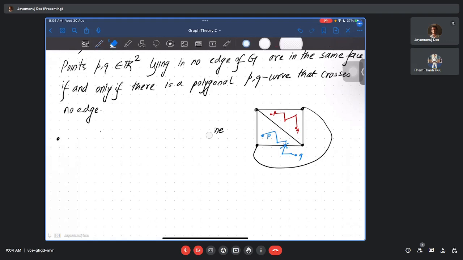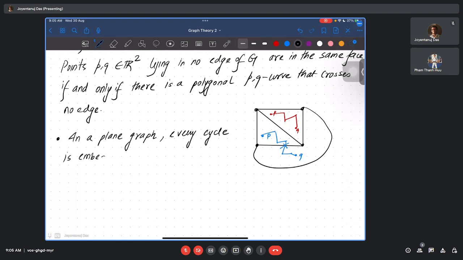So the next one is, in a plane graph, every cycle is embedded as a simple closed curve, and some faces lie inside it, and some are outside.